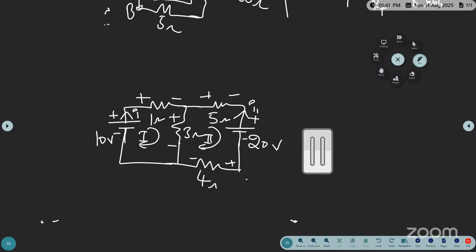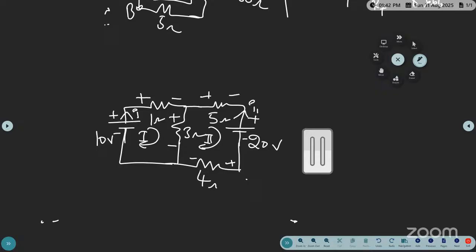Assign plus and minus symbols for the elements by traveling in a clockwise direction, for the elements that don't have plus and minus symbols, for loop 1, and loop 2 and loop 3 and so on.